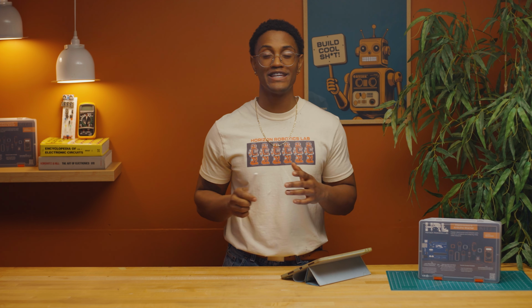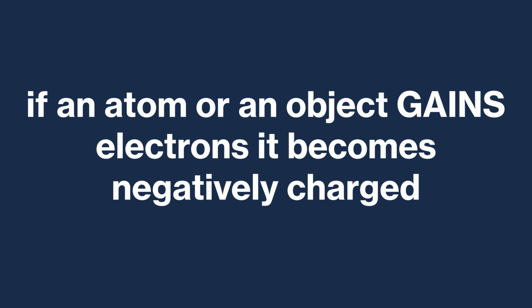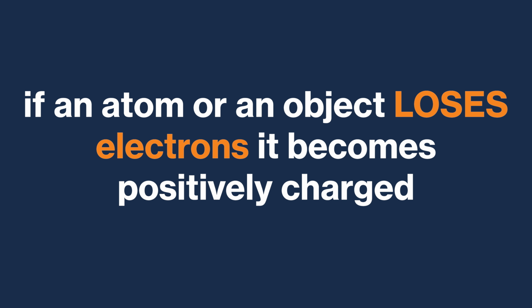All right, and that brings us to one of our very first laws or rules in this course. And that is, if an atom or an object gains electrons, it becomes negatively charged. However, if an object loses electrons, it becomes positively charged.